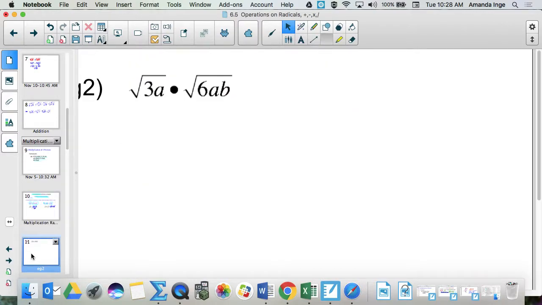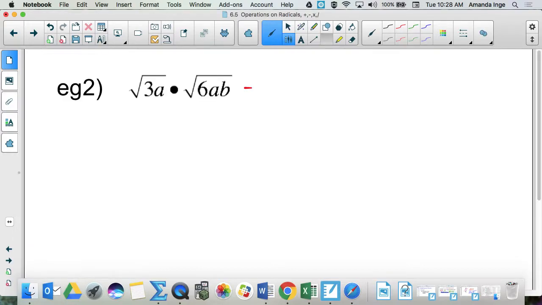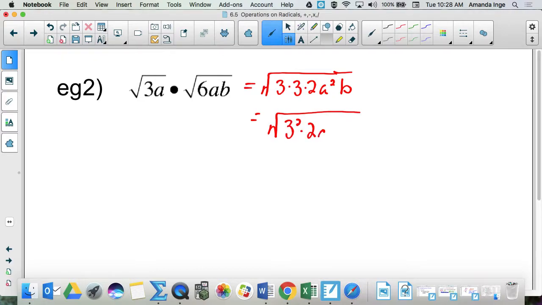So my next example, we're asked to multiply these together. If I multiplied these together, I would probably not write 3 times 6 is 18. I would probably write 3 times 3 times 2 times a squared b, because I see where that's 3 squared times a squared times b, which I can simplify. 3 squared is 9, and the square root of 9 is 3.